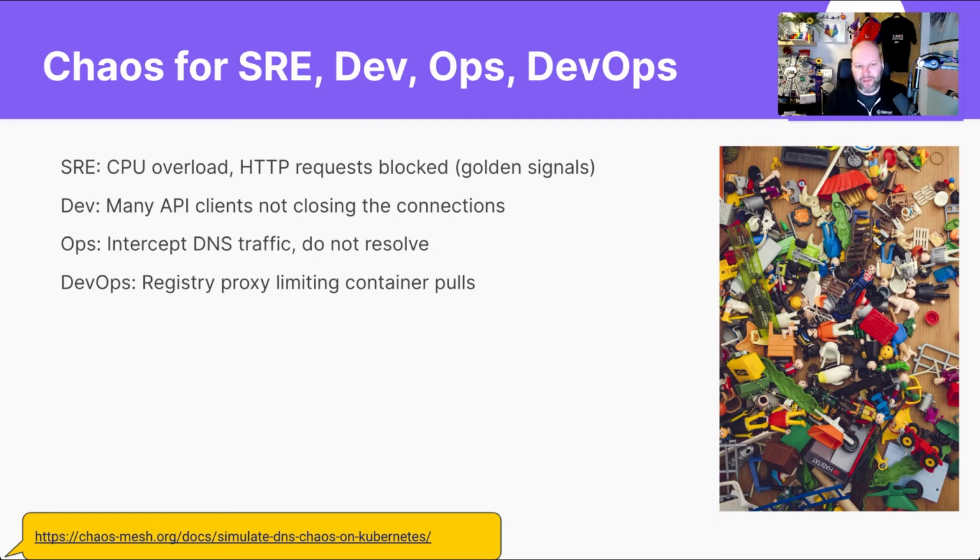For ops, think about intercepting DNS traffic, obviously, or just break it somehow, and ensure that it doesn't resolve, and see how the deployment, the application, the Kubernetes cluster, and everything else is behaving. Super interesting, by the way. And for DevOps, think about container registries not allowing to pull or something else. This could also be taken into account into really adding chaos to your deployments.